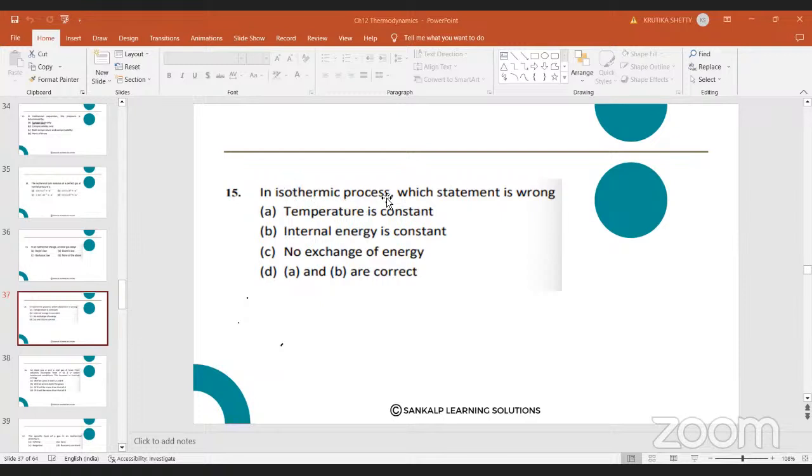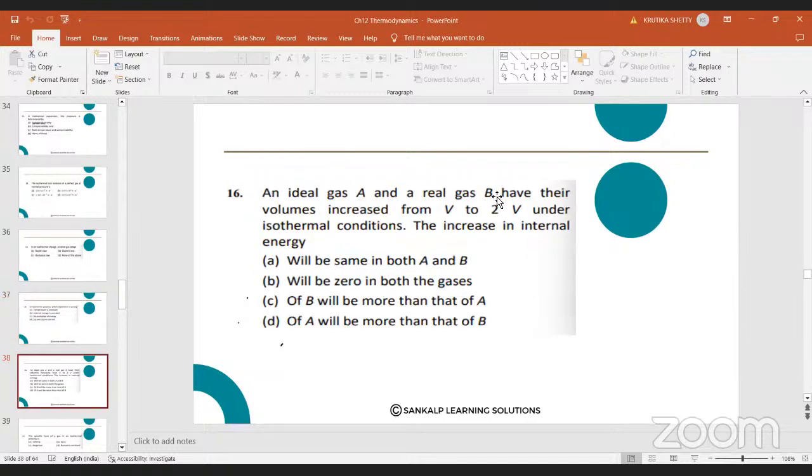An ideal gas A and a real gas B have their volumes increased from V to 2V under isothermal conditions. Okay, so here an ideal gas is there and a real gas is there. The volume is increasing from V to 2V.